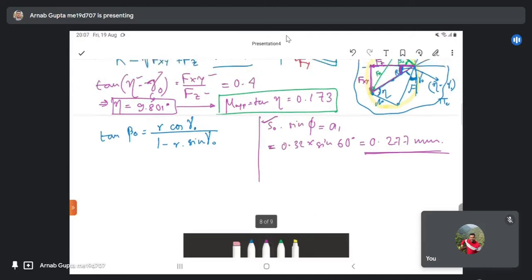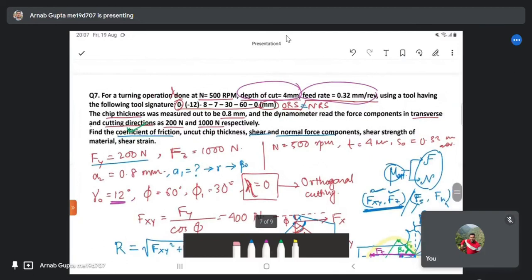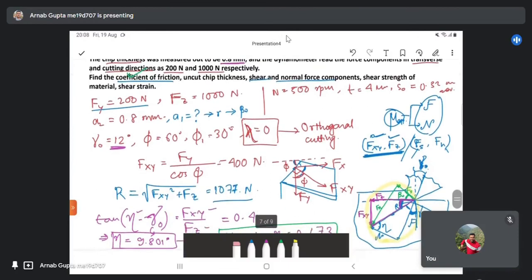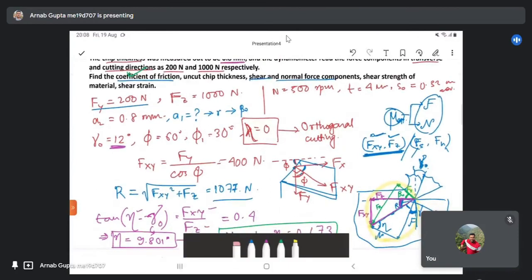You can note one thing: the chip thickness after cutting is 0.8 mm. So it is obvious that the chip gets thickened due to this turning operation. That's why A2 is greater than A1.